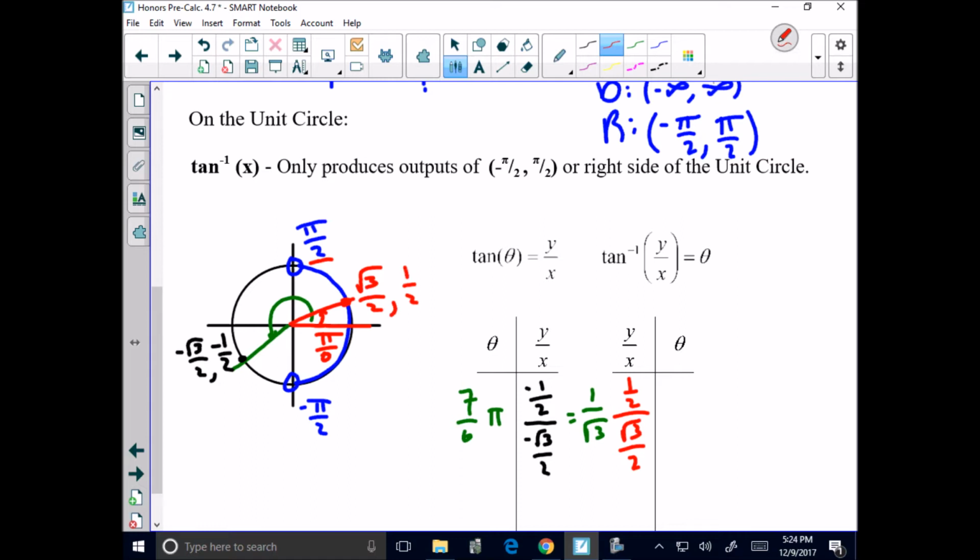So right here we would evaluate that 1 over square root of 3 as 1/2 divided by square root of 3 over 2, and that happens on the right side of the unit circle at a rotation of pi over 6. Okay, so we're going to give some of these a shot.